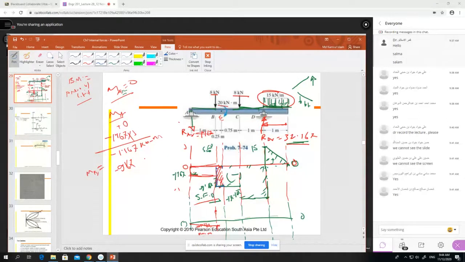So the height or depth is minus 9.167, and the width is 0.25. Do the calculation, how much will it be? Can you calculate the algebraic sum? How much will it be?